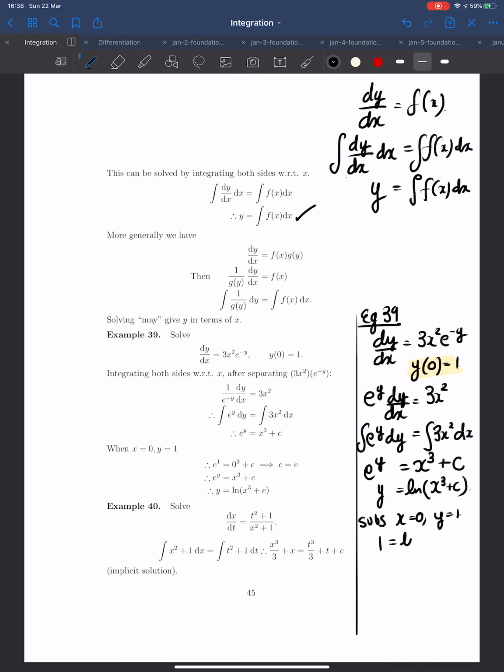So 1 is ln of 0 cubed plus c, so 1 is ln of c. So therefore c is e to the power 1, because it's got ln on the right, so it's e to the power 1 on the right. And you end up with y is ln of x cubed plus, instead of c, we can say e.